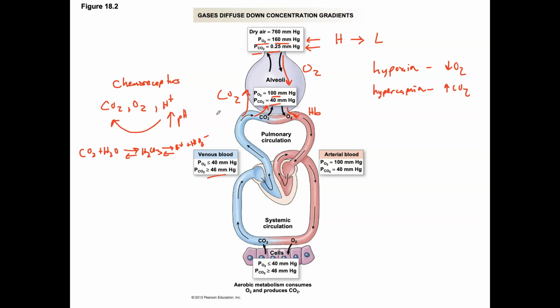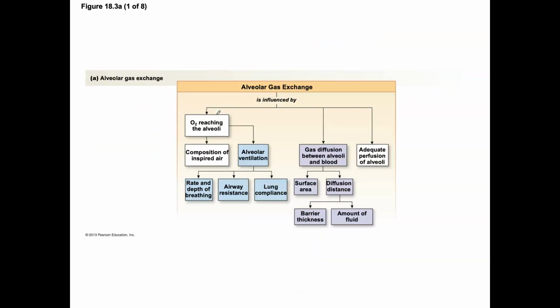In order to essentially move oxygen efficiently, we have to look at several factors. So alveolar gas exchange for oxygen is going to be influenced by how much oxygen reaches the alveoli, our ability to diffuse oxygen from the alveoli into arterial blood, and adequate perfusion to the alveoli.